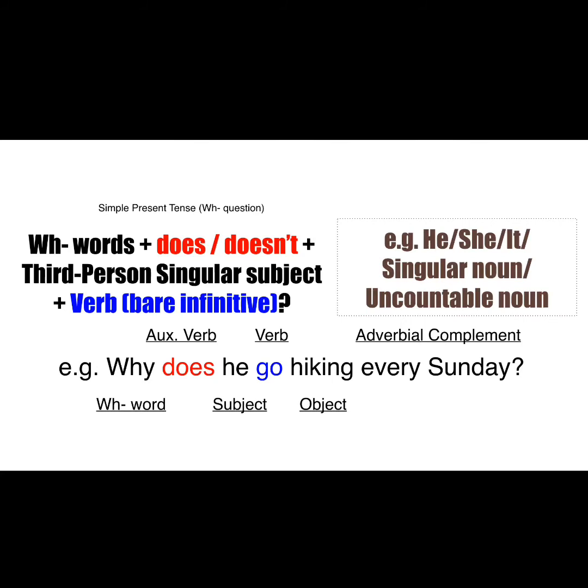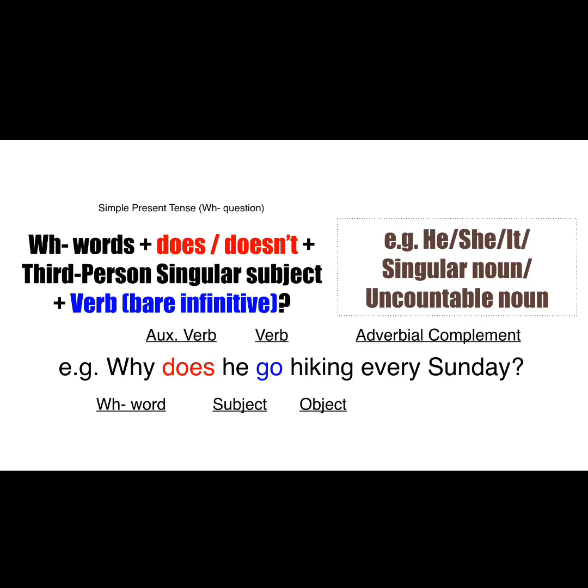It begins with a WH word, why, and then followed by an auxiliary verb, does, and then the subject, he, and then the verb in bare infinitive, the base form. No s, no es, no ing, nothing after the verb, the base form.